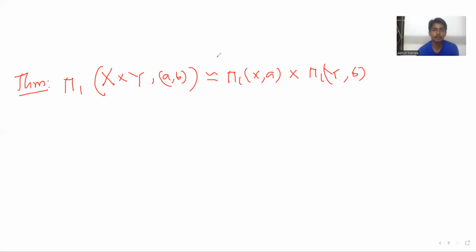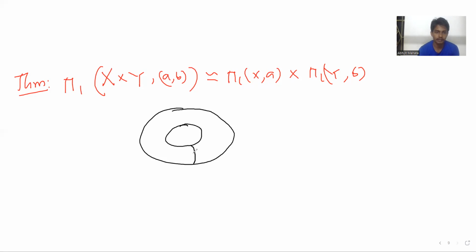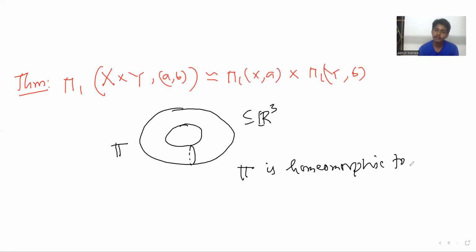So for example, if you take the torus, using this we can calculate the fundamental group. The torus is a subset of R3, and I call it T. T is clearly homeomorphic to S1 cross S1.